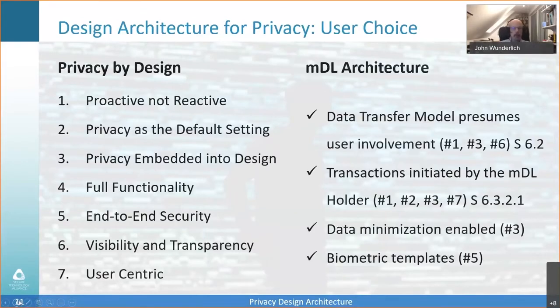So the architecture, both the ISO standard 18013-5 and the Secure Technology Alliance white paper on this, will refer to privacy by design, which has 7 significant principles, which you see on the left of the slide. And the mDL architecture covers those off in a number of different ways that I'd like to talk about.